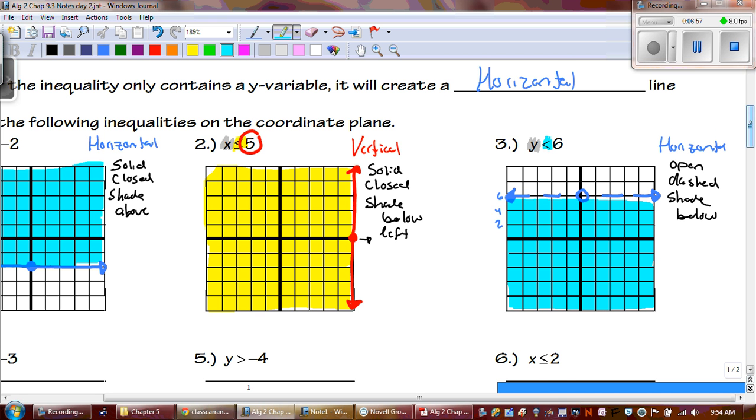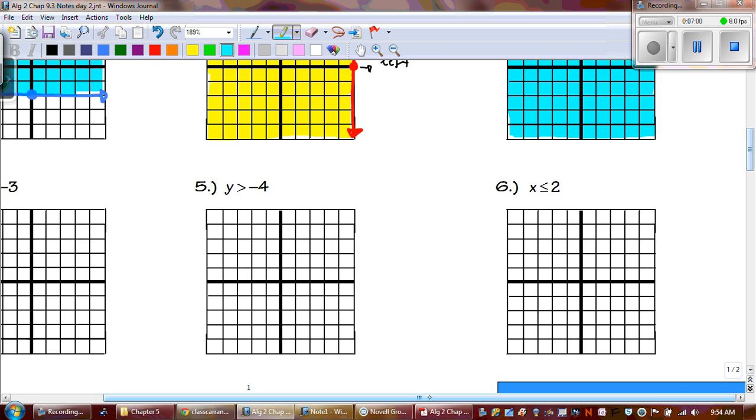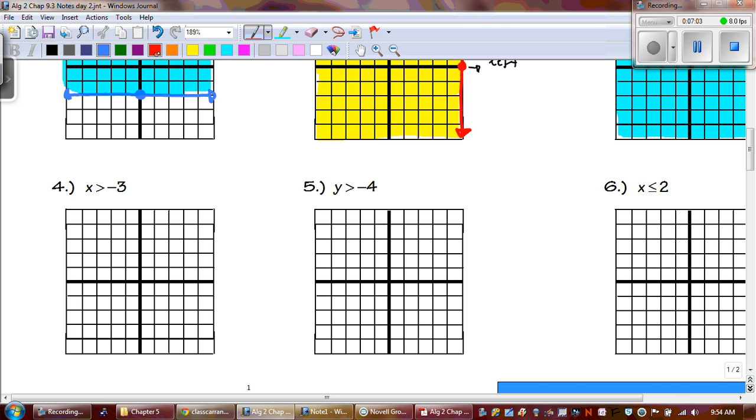You guys starting to get the hang of it? Let's do another one. Okay. So the first thing we do, how many variables do we have? We have one variable. It's an x. So that means this is going to be a vertical line. Okay. Now let's look at the inequality. It's greater than. When it's just the greater than, it's going to be dashed with open points, and we need to shade above.